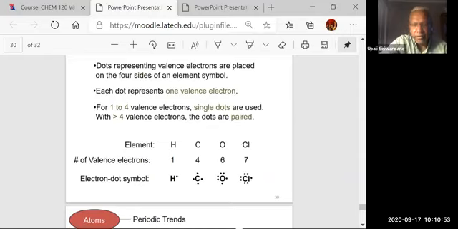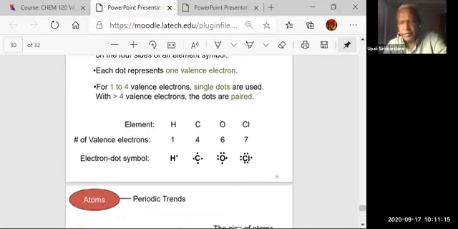How you fill them is, you fill first around the atom in 4 corners, like carbon. Then the extra additional ones are paired up, like oxygen here. Oxygen has 2 more, so you have to pair up. First you fill in with single electrons, then pair up.